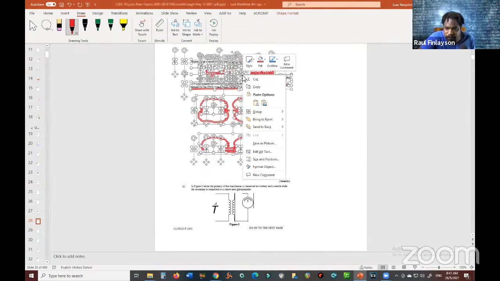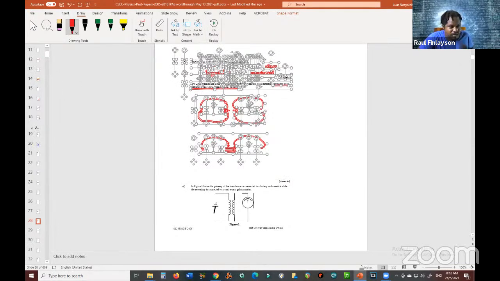Another big thing: transformers. It's not on the topics, but when we talk about electricity and magnetism, definitely the transformer. All right, so this is a sample question on magnetic fields.